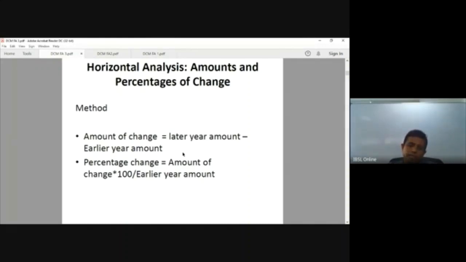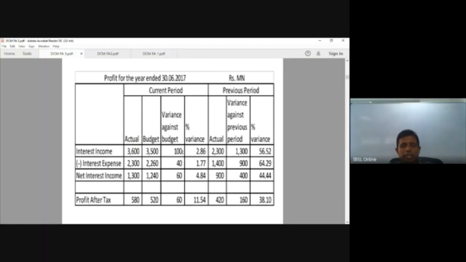Then for percentage of change, you take the amount of change, that is 50 million, divide it by the 2019 amount, that is 150 million, multiplied by 100. That is how you calculate the horizontal analysis. We'll take some examples and see how we calculate the ratios. Right. Look at this on the screen.